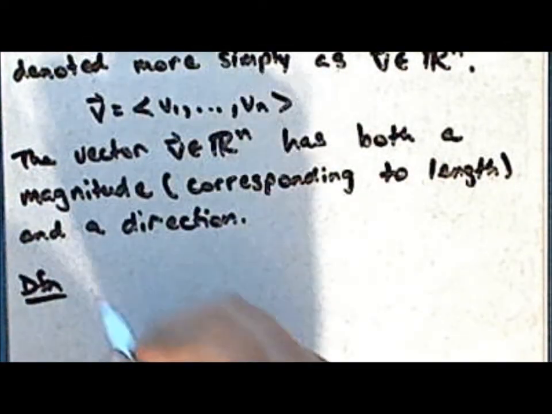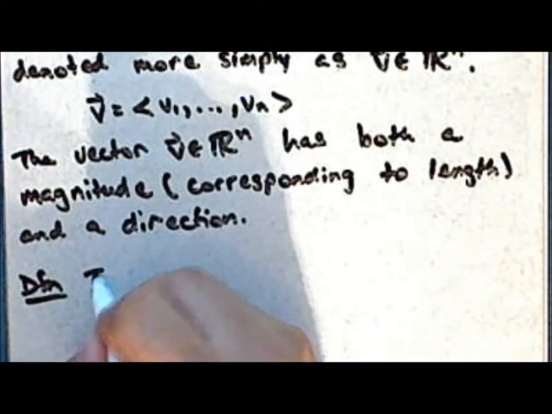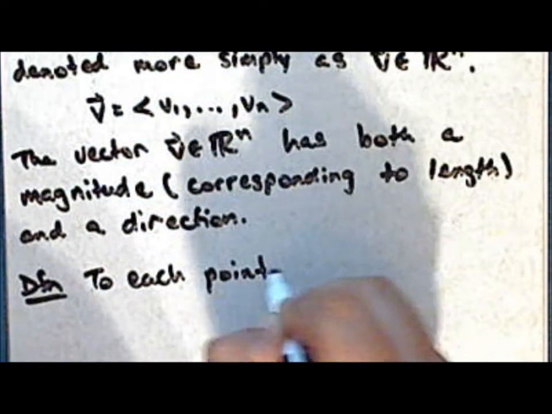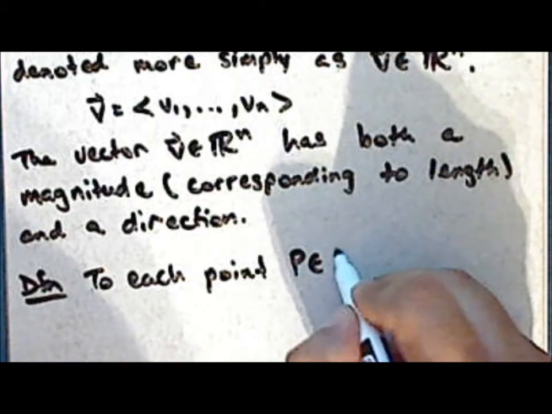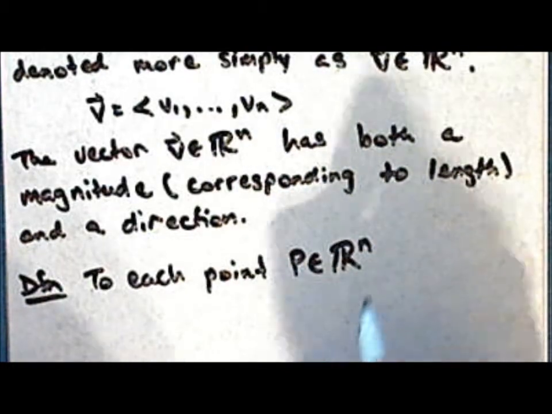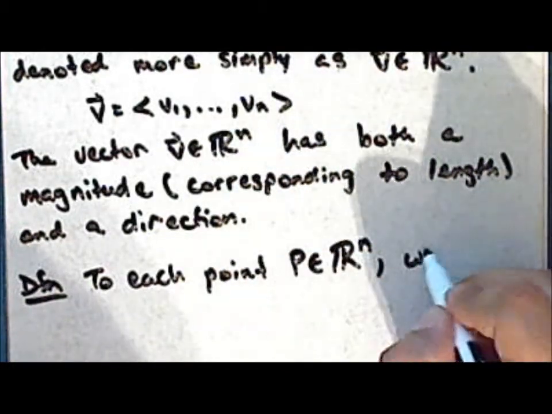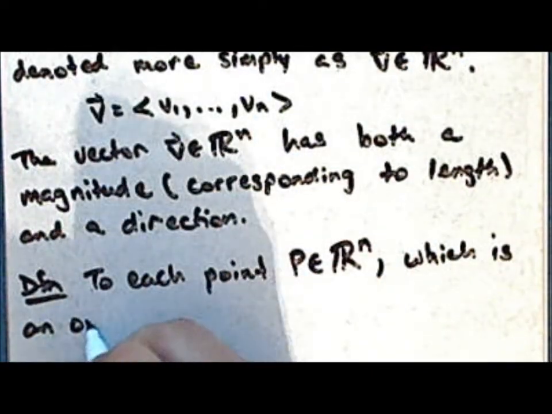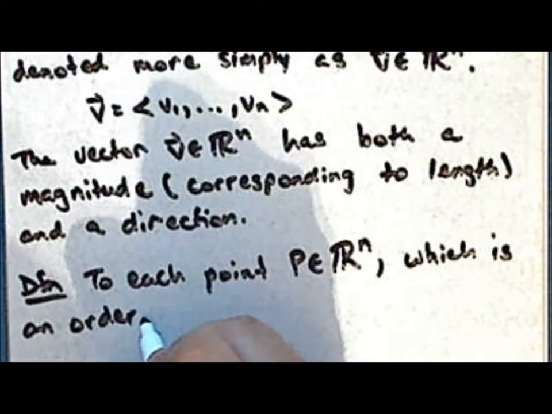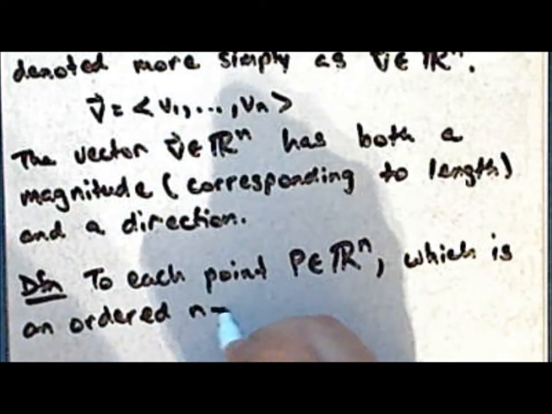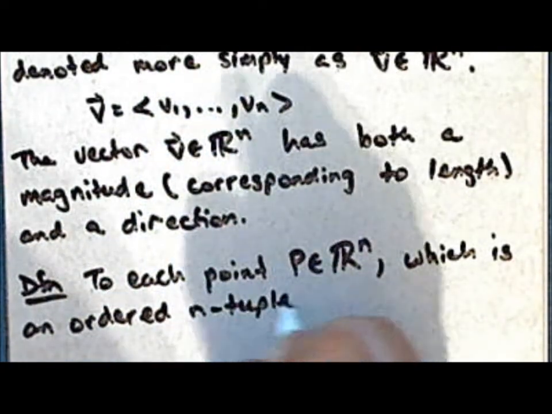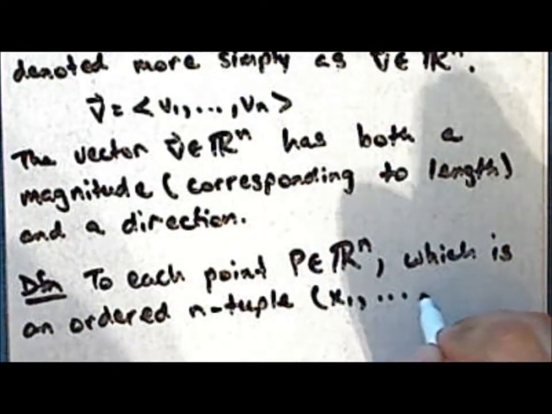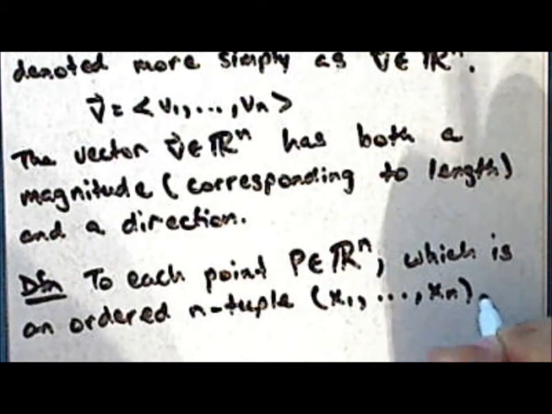So, new definition. To each point P in n-dimensional real space, this point is an ordered n-tuple. That is, it has coordinates x sub 1 through x sub n.